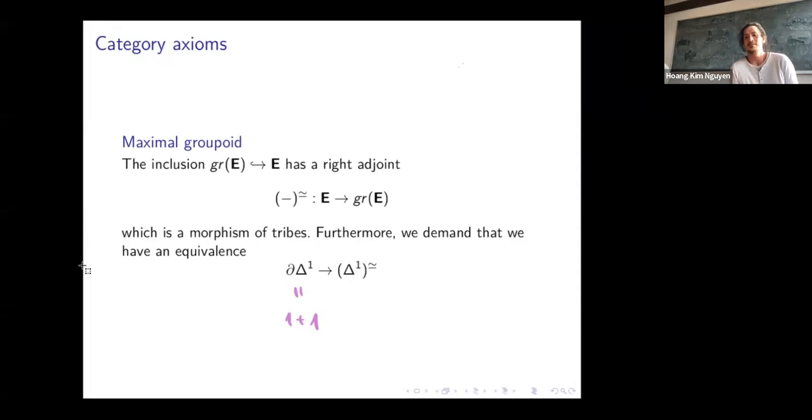And the next axiom should say that these are the same. So let's try and work this out. Using the Segal maps, I'd like to define an object which is basically witnessing that we have inverses.